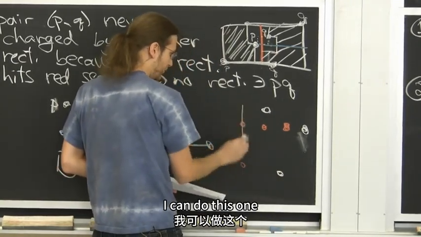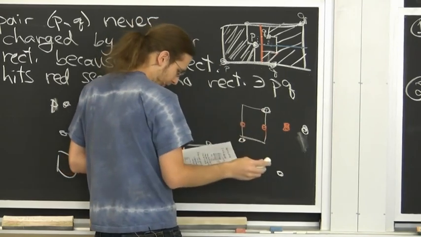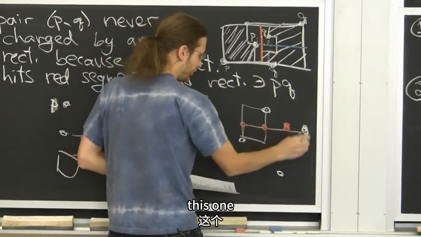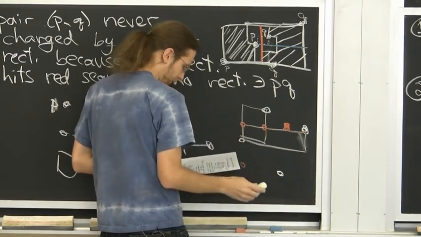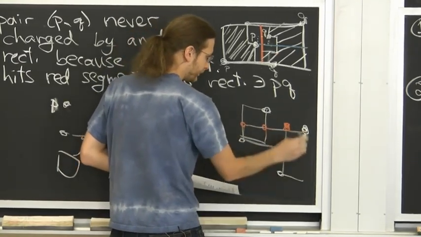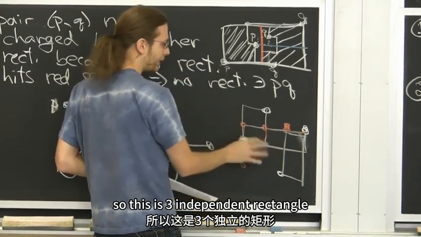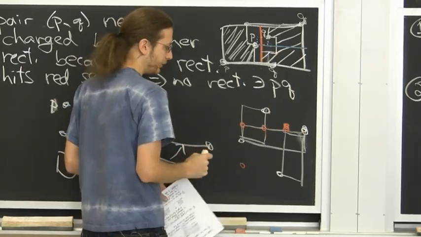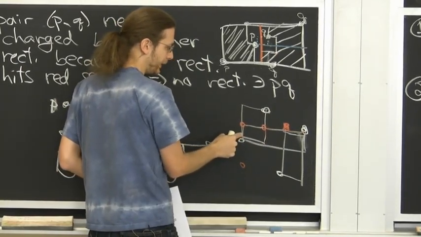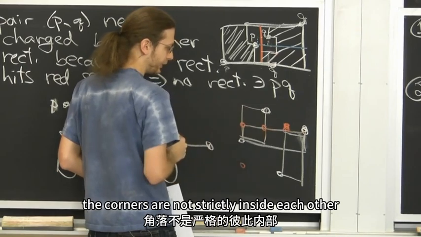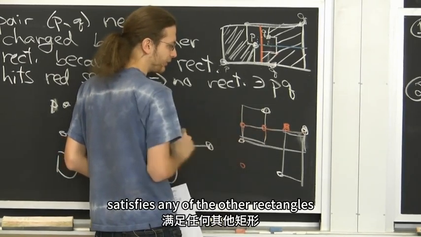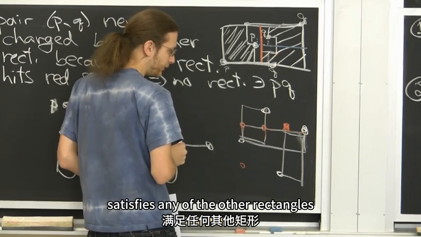I can do this one, and this one. So this is 3 independent rectangles. As far as the white points go, they're independent rectangles. The corners are not strictly inside each other, and none of the white points satisfies any of the other rectangles.